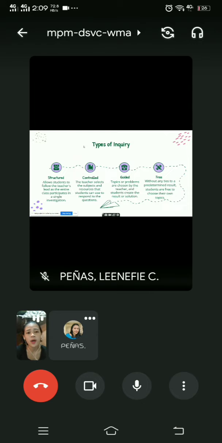There are four types of inquiry. The structured inquiry allows the students to follow the teacher's lead so that the class can participate in a single investigation. Second is the controlled inquiry. The teacher is the one who selects the subjects and resources, and the students will only respond to the question.